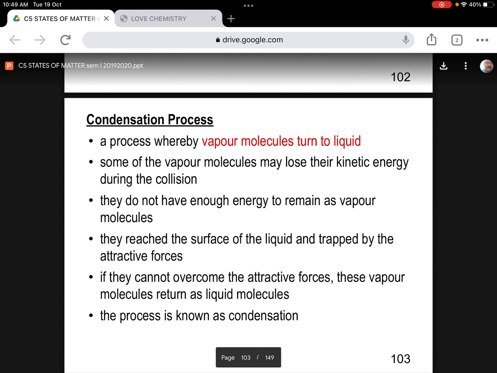Once they reach the surface, the molecules at the surface will trap them. If they cannot overcome the attractive forces, then the vapor molecules which have returned now become liquid molecules, and this process is known as condensation.